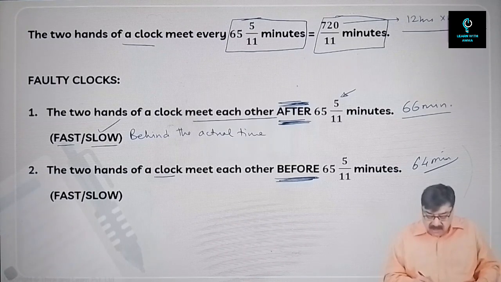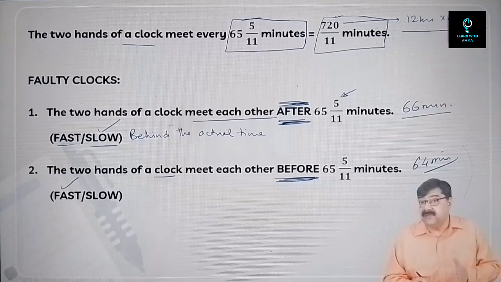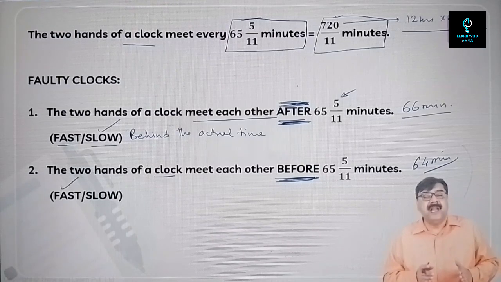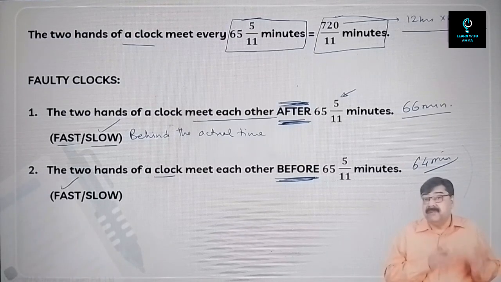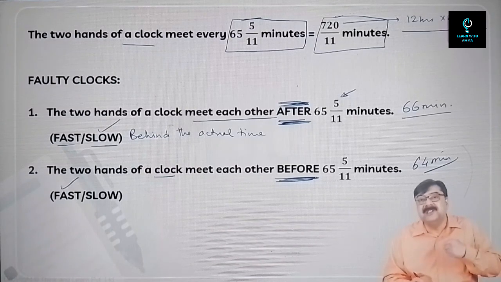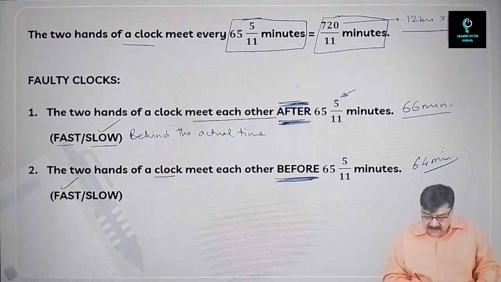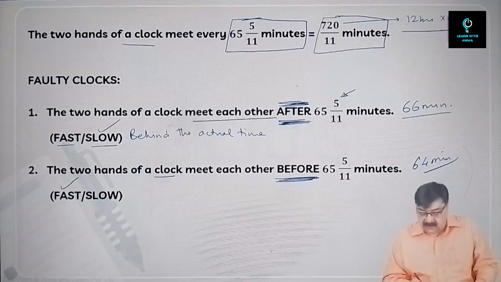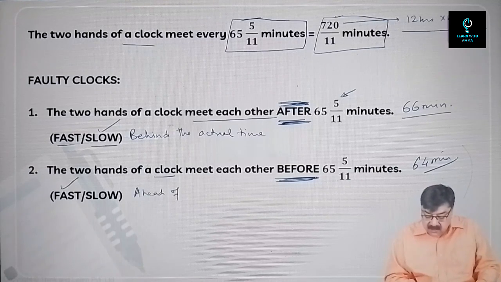So this clock must have been fast. And if it is fast, then it will show you a time which is before or after the actual time? It will be after the actual time because this is running fast. So the time shown by this clock will be ahead of the actual time.